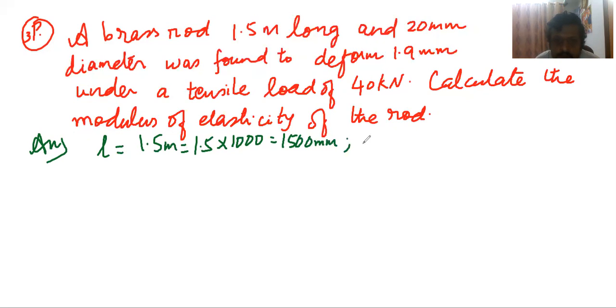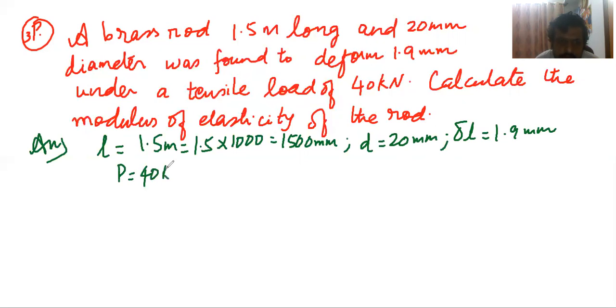Then we have D is 20 mm, deformation delta L is 1.9 mm, load capital P is 40 kilonewton, which is 40 into 10 power 3 newton. So given, to find capital E.